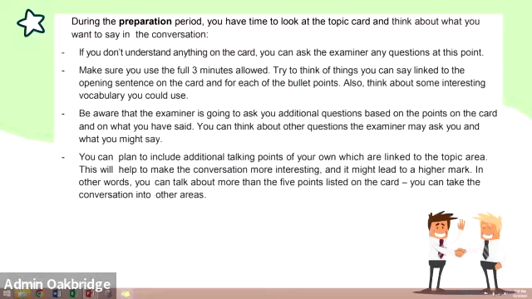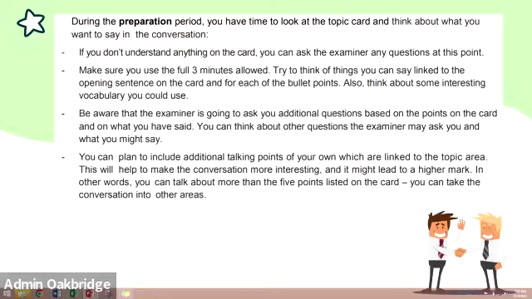You can roughly predict what they could possibly ask you, and you must also prepare what you are going to reply to their questions. What is your response going to be? That is the whole purpose of this preparation period.